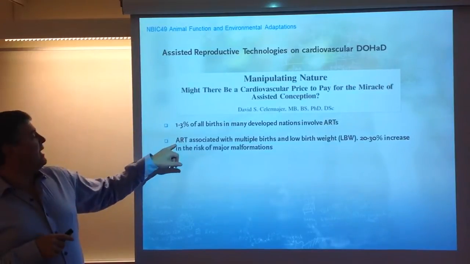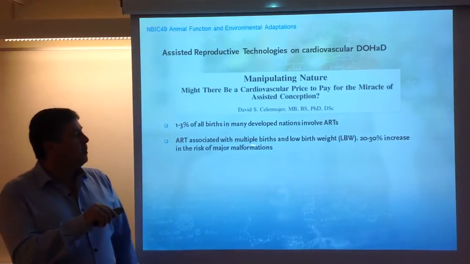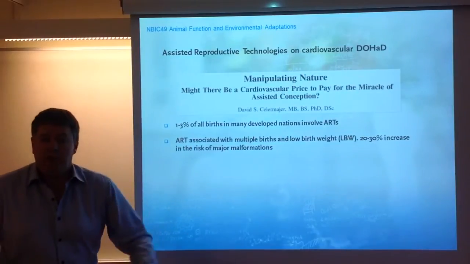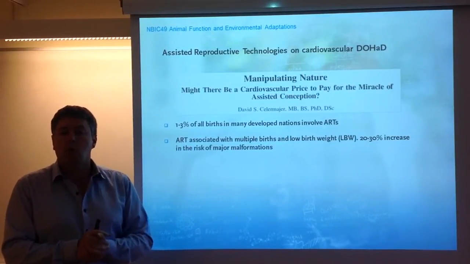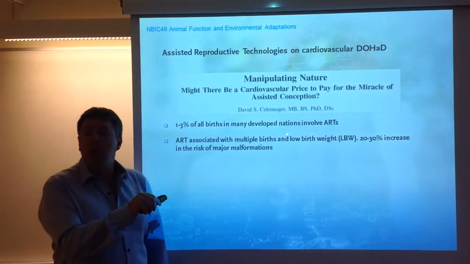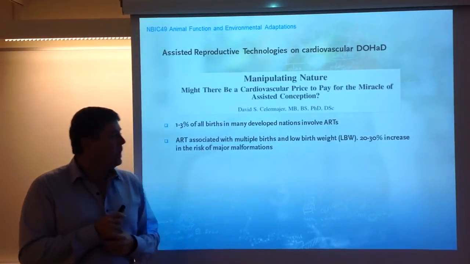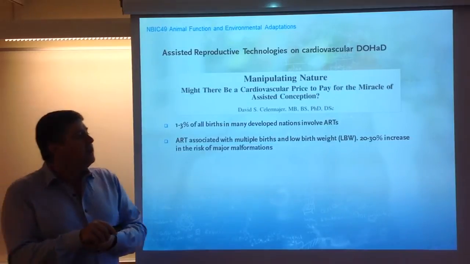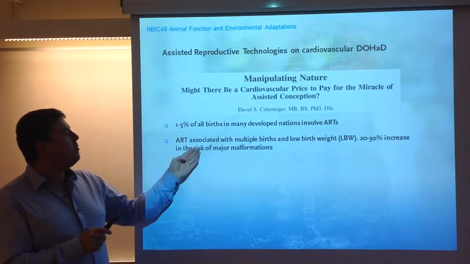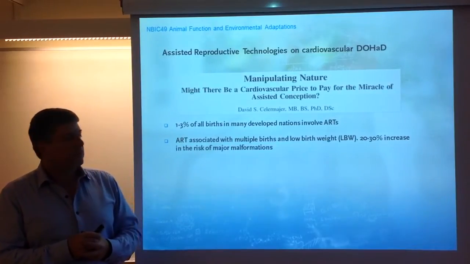It's known that ARTs are associated with multiple births. That means that it's not only one child, but basically 2 or 3 or even more. It's also associated with low birth weight, a reduction in birth weight, and there is a larger probability for major malformations.